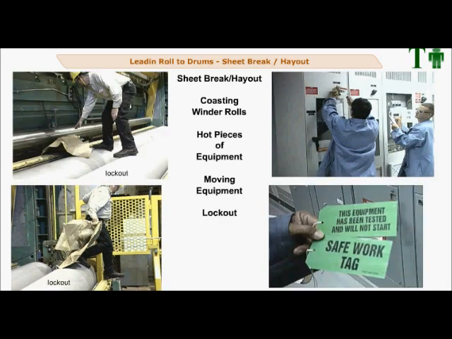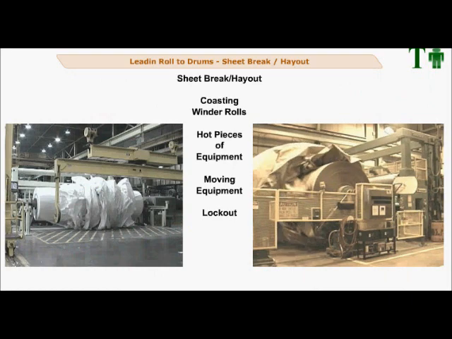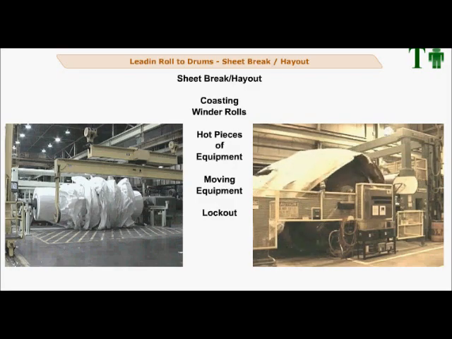If you need to place your body or any part of your body into the winder itself, other than your normal safe practices, you must lock out the winder. Generally speaking, body parts should not be placed into the winder without proper lockouts in place. Always maintain a safe distance from the reel and spools to avoid being caught by the paper during a sheet break or hay out at the winder.